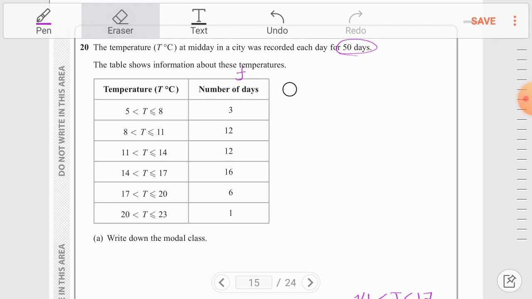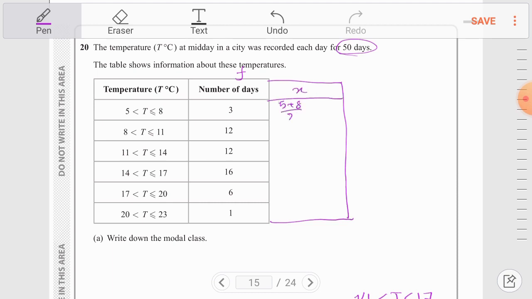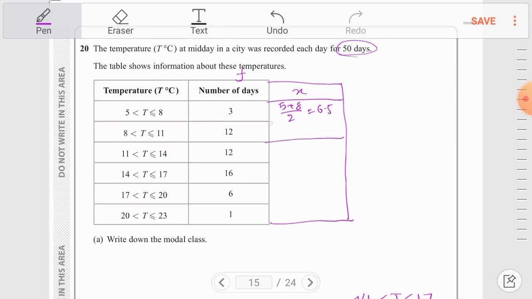Let me show my workings also. 5 plus 8 divided by 2 is 6.5. I'm doing the same method for 8 and 11. 8 plus 11 divided by 2 is 9.5.